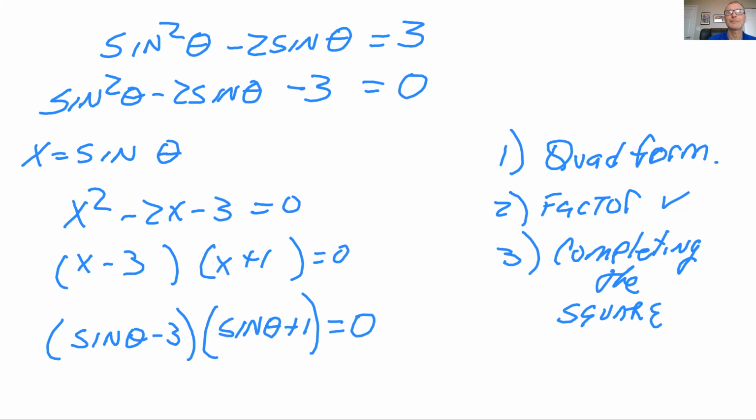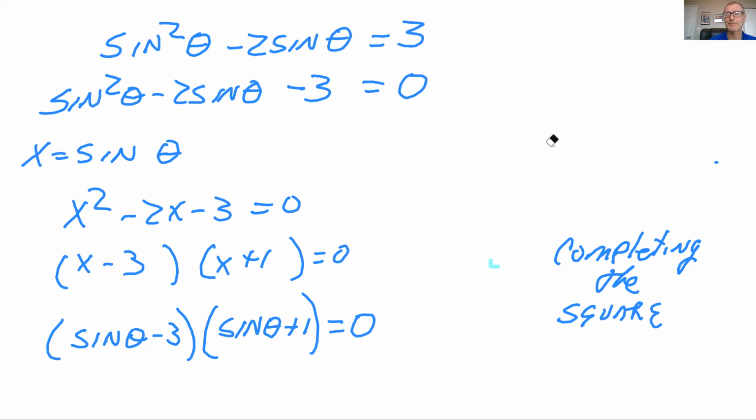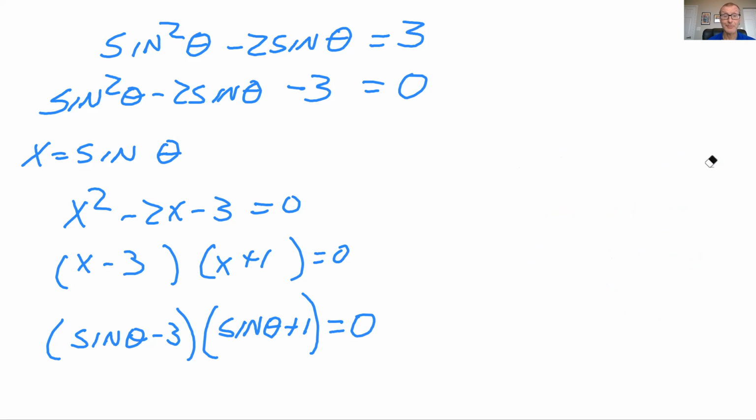Now you remember how we solve for quadratics, right? Each one of those factors that are multiplied together, if they equal 0, it's going to solve the equation. 0 times any number is 0, and vice versa. So we have two equations that we're going to solve for.